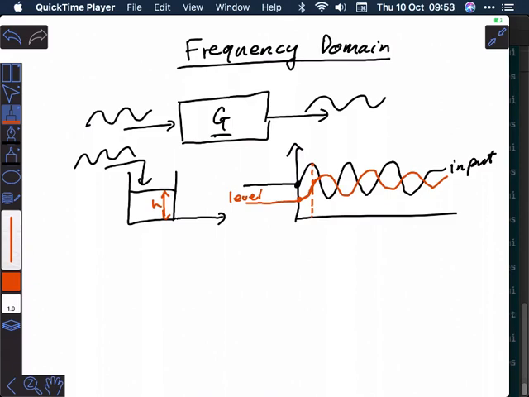Now, it turns out that if you actually do the math, you find that there are these two separate regions. Actually, what happens is the level is some function of time, and what we'll see is that that function is an exponential term and a sinusoidal term.